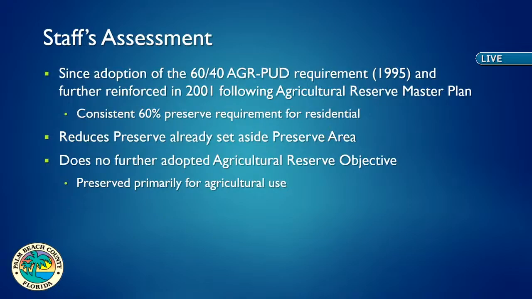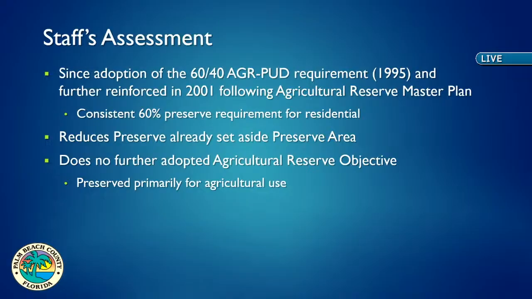However, this amendment represents the first proposed revision to the required preserve percentage for the 60/40 agricultural reserve planned unit development option. Additionally, the applicant is proposing to remove proposed expanded civic area acreage from the preserve area calculation.